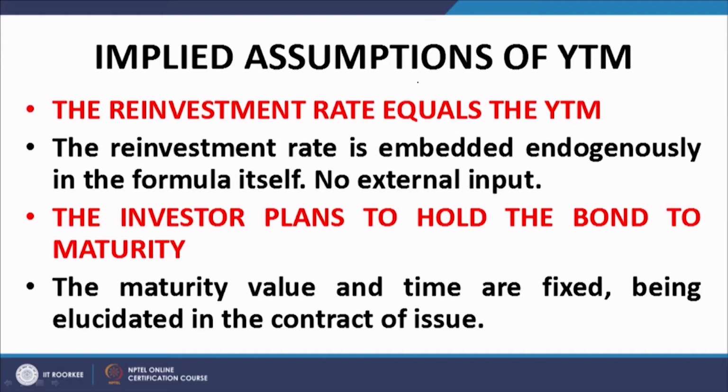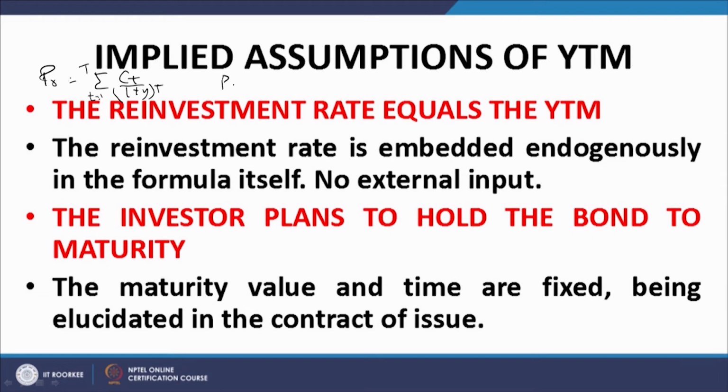You can see this quite easily. What is the YTM formula? P0 is equal to summation Ct upon (1 plus y) to the power t, where the summation goes from, let us say, t equal to 1 to t equal to capital T. Let us multiply both sides of this equation by (1 plus y) to the power capital T. What do I get?